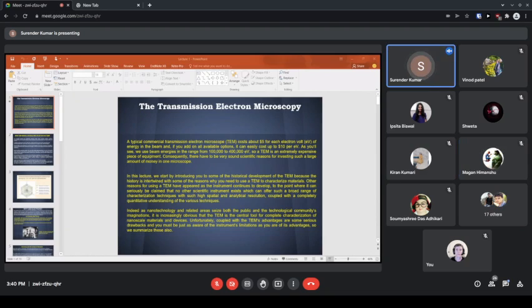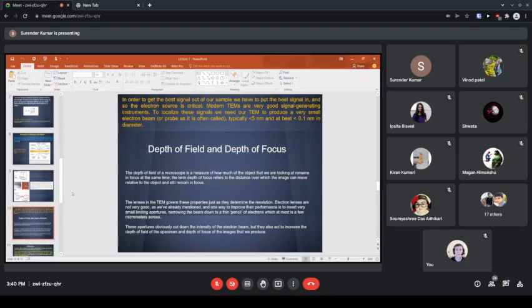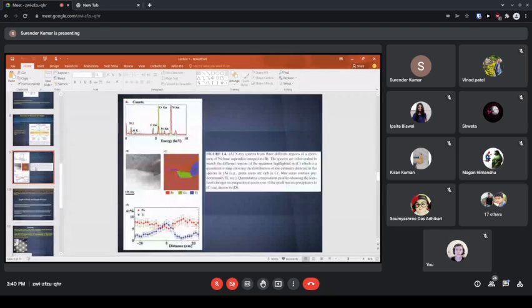slide is not changing. Where it is stuck, which side? Sir, it's on the Interaction. first slide itself. No, just a minute.